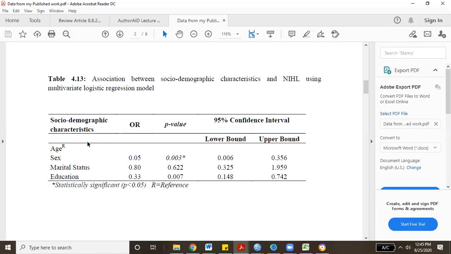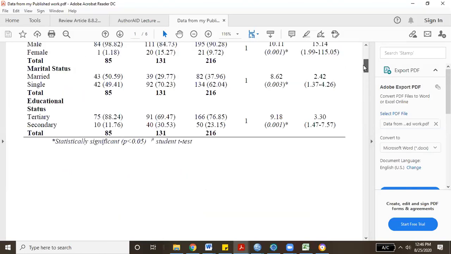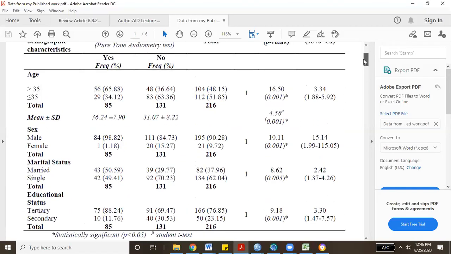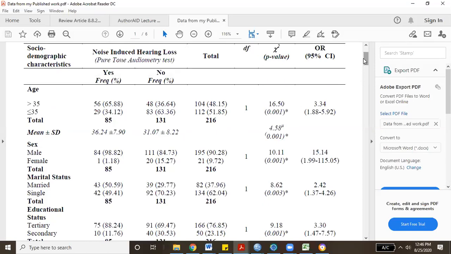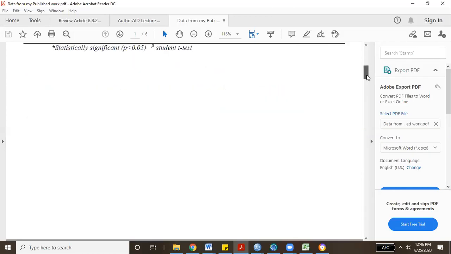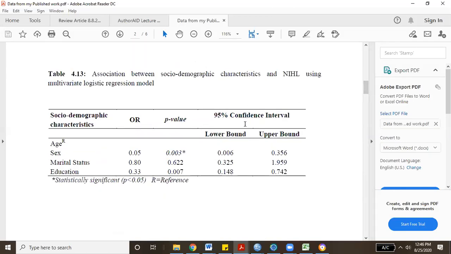If I didn't do this multivariate logistic regression, I would go around giving people the impression that once you're married, be ready to have noise-induced hearing loss. Or once you have finished tertiary education, be prepared because noise-induced hearing loss is coming your way. That would be a very wrong representation of my data. So adjusting for confounders saves you this so that you don't interpret your work in a wrong way.